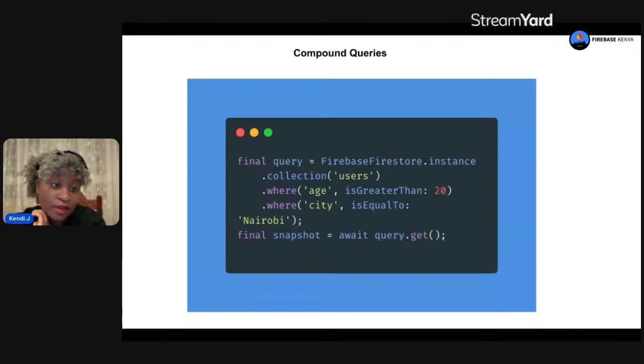We see here we have two conditions. We are trying to retrieve users where age is greater than 20, and where city is equal to Nairobi. Now it's a compound query because we're doing two queries at the same time.